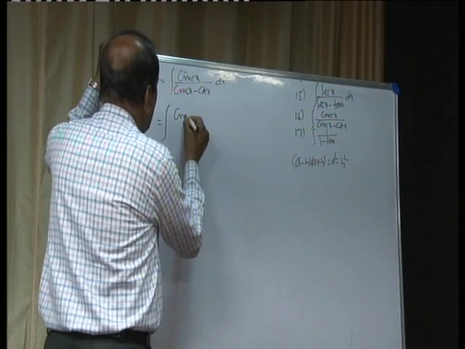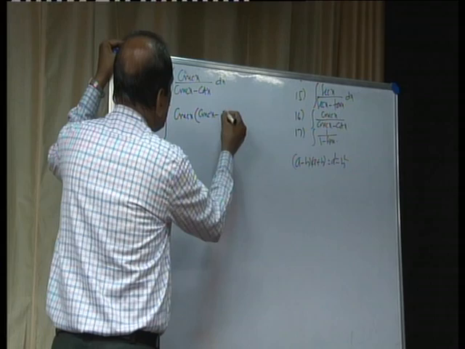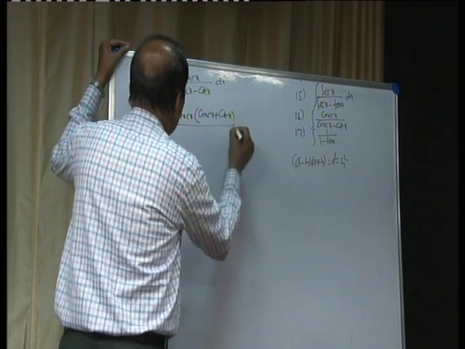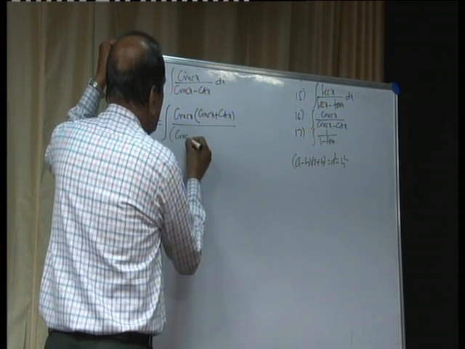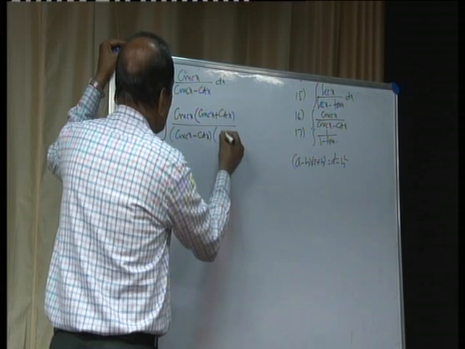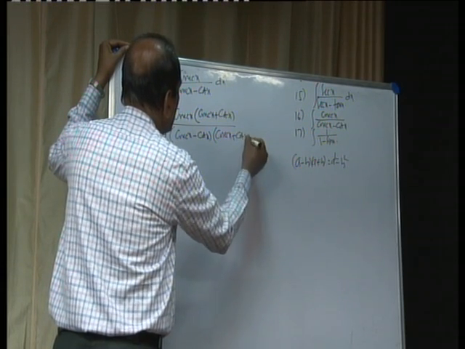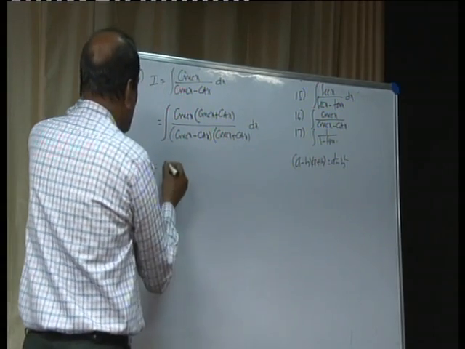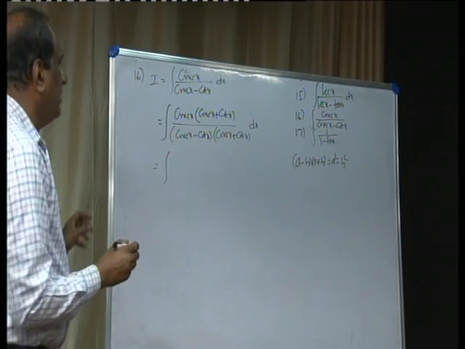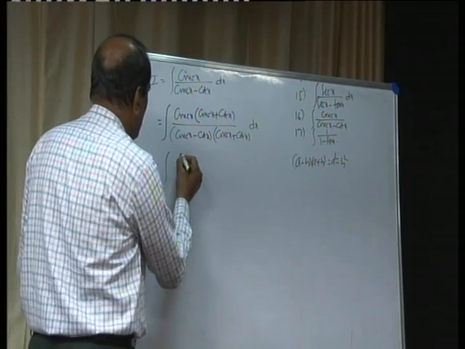So, cosecant x into (cosecant x plus cot x) divided by (cosecant x minus cot x) into (cosecant x plus cot x) dx. Now, simplify numerator and denominator separately. Now, what is cosecant x into cosecant x?